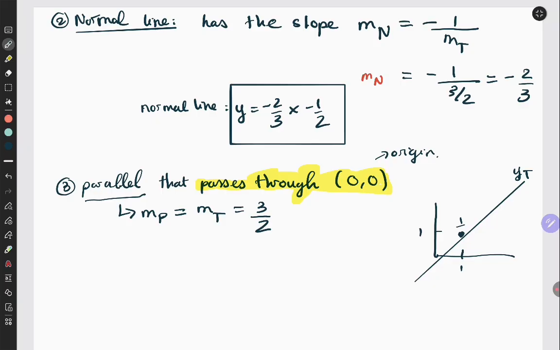How do you draw that line? That would be the same line, right? If I ask you for the parallel line to this line, passing through the same point, with the same slope, the only way you can draw that is the line on top of this one, which is not parallel, actually. So that's why I asked you to pass through 0, 0.